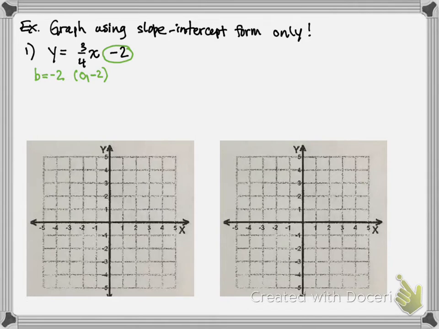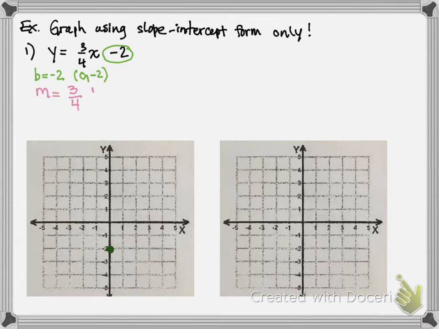And according to the notes, it says you're going to graph that ordered pair. So I'm going to go ahead, and at (0, -2), I'm going to graph a point. Okay, I'm going to use a little darker color. It'll show up better. Okay, then I'm going to identify my slope, write it as a fraction. It already is 3/4.